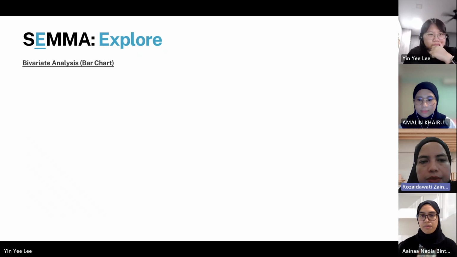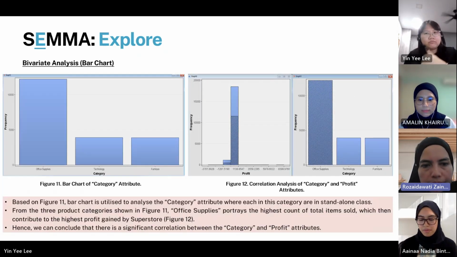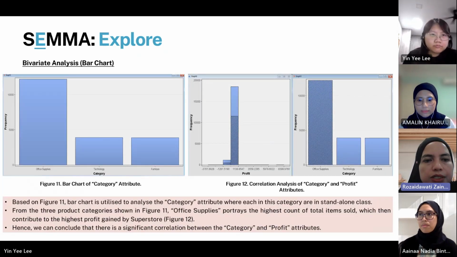Other than histogram performed earlier, bar chart can be used for qualitative variable. We can see that qualitative variable is defined as the data that is not numerical and whose outcomes are descriptive, where mathematical operation cannot be applied to it.